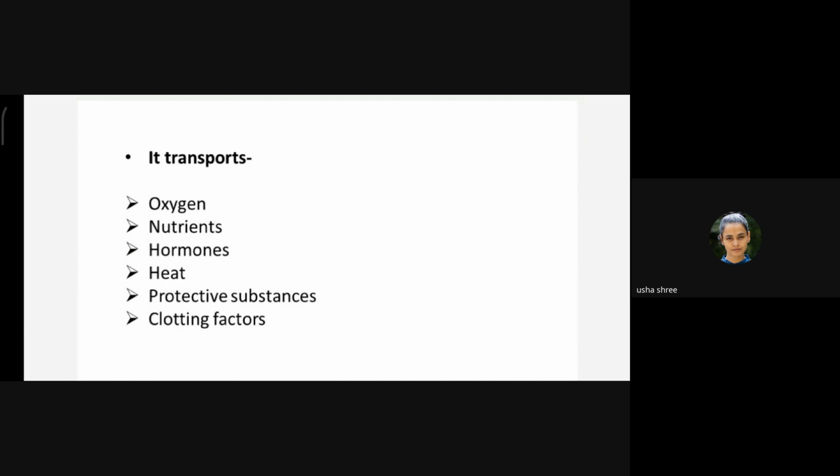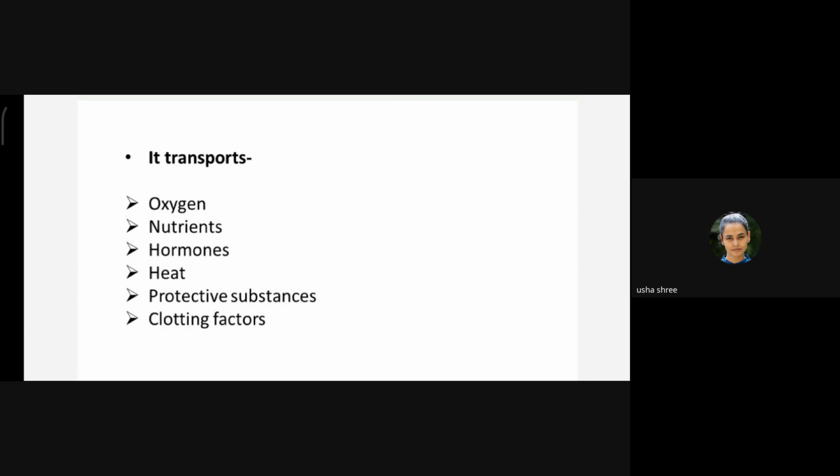Then protective substances, yes, white blood cells, all these protective and coagulating factors, immune cells. Lymph is transported by lymph nodes only, means lymphatic fluids only. Lymph is not added here. So all the protective substances are also transported through blood.